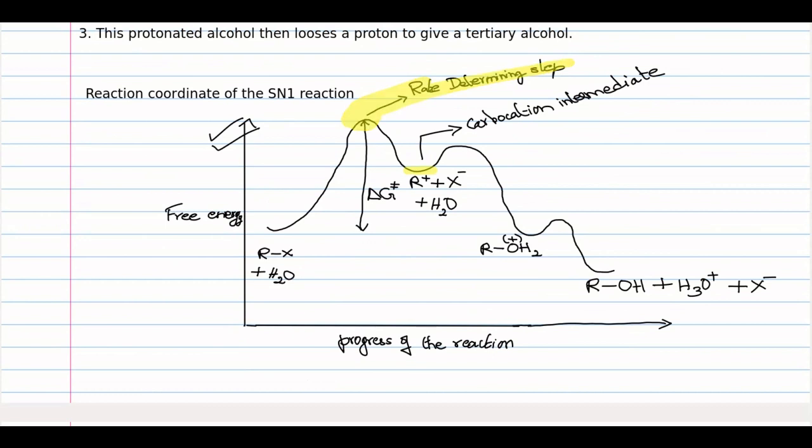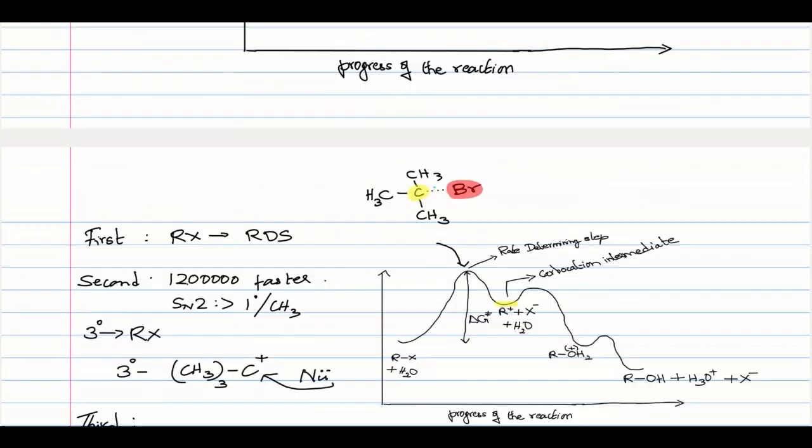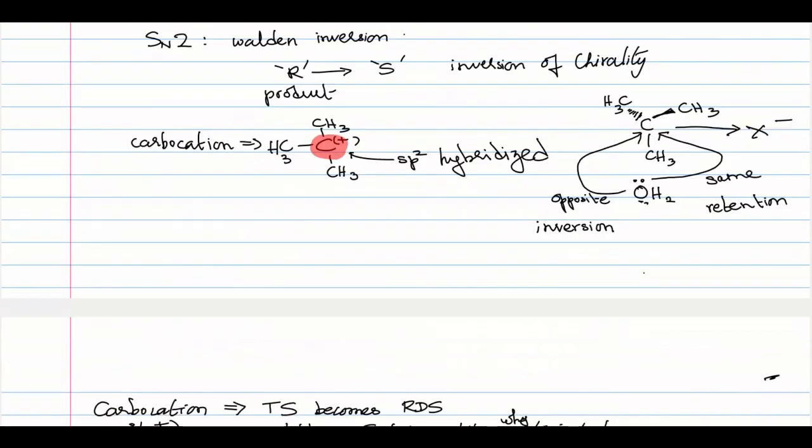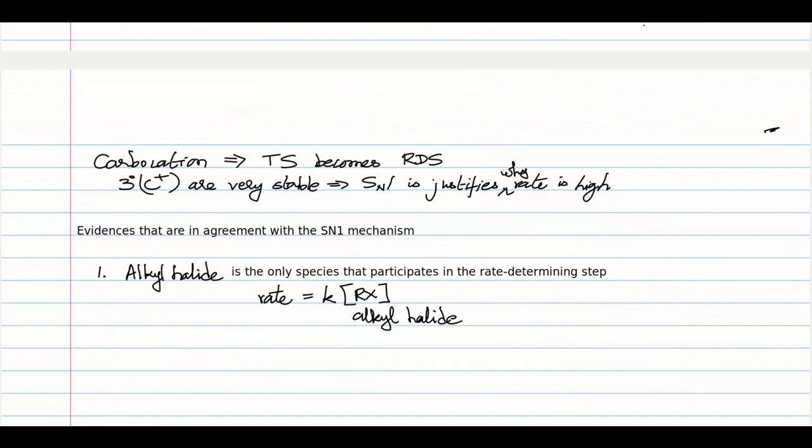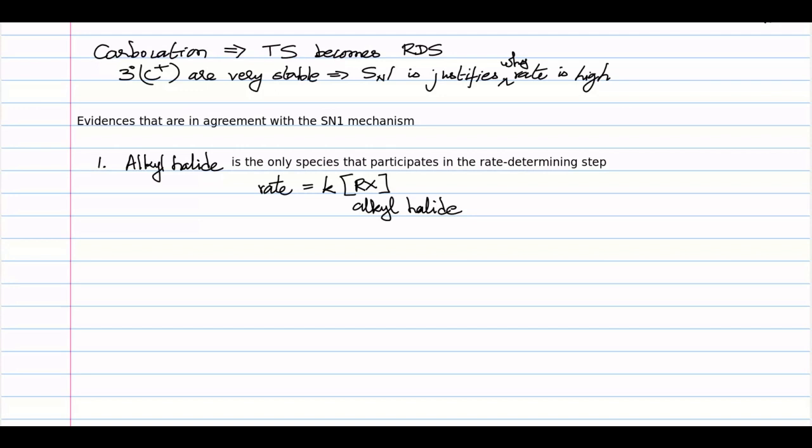So that justifies the mechanism that only one species is involved in the rate determining step, which is the alkyl halide. Now let's look at the second evidence.